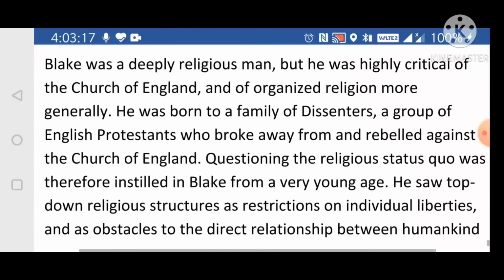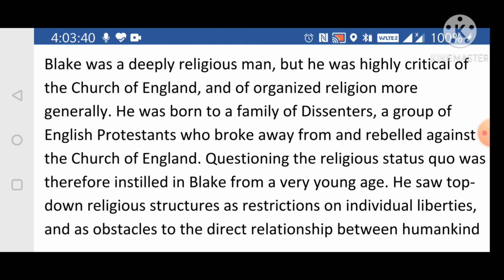Blake was a deeply religious man, but he was highly critical of the Church of England and of organized religion more generally. He was born to a family of dissenters, a group of English Protestants who broke away from and rebelled against the Church of England.